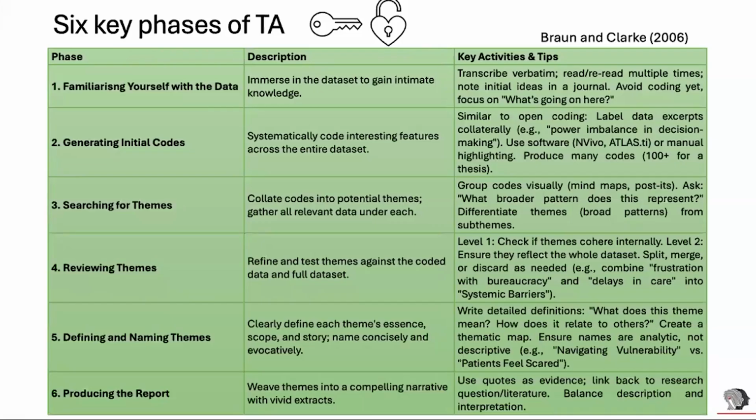So in some instances, for example, if you're using software, you would label it and assign different colors to show how the different codes are being labeled. The coloring would actually assist you in seeing that systematic process of showing what is similar, what is different, across the different transcripts.